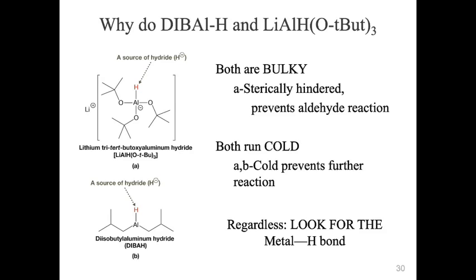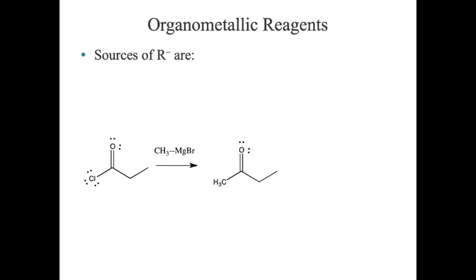Yeah? Cool. So, organometallic reagents. Where else could we get negative carbons? So what are some sources of negative carbons? Butyl lithiums. PPh3. Okay, you're looking at the Wittig reagent.